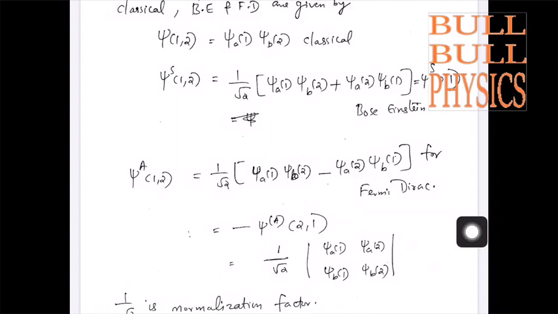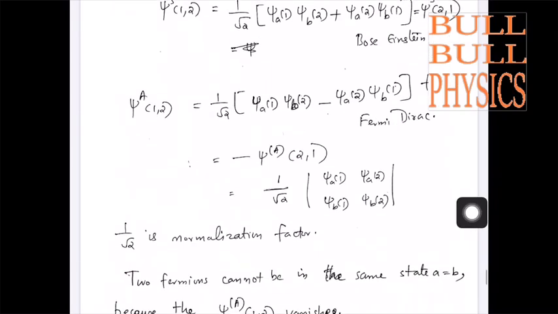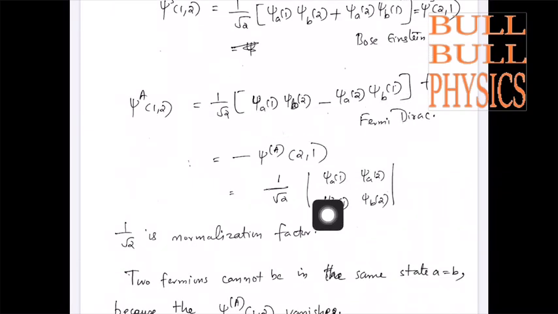So we say this is antisymmetric, and this can also be written in this form: 1 by root 2 times the determinant with rows psi_a(1) psi_a(2) and psi_b(1) psi_b(2). This is called the Slater determinant. And this 1 by root 2 is the normalization factor.